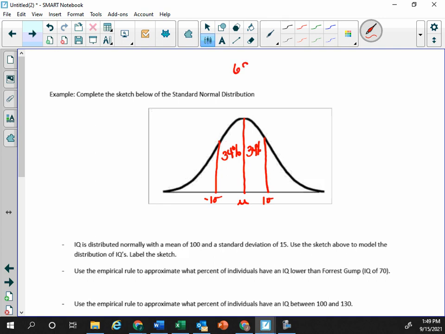I'll write the rule at the top for you since it's on the previous page. That's your empirical rule, 68, 95, 99.7. If I go 2 standard deviations away, really, it should probably be out a little more, but that's okay.